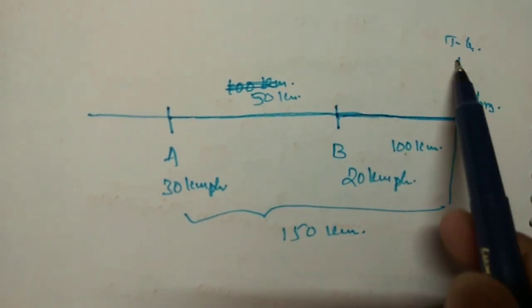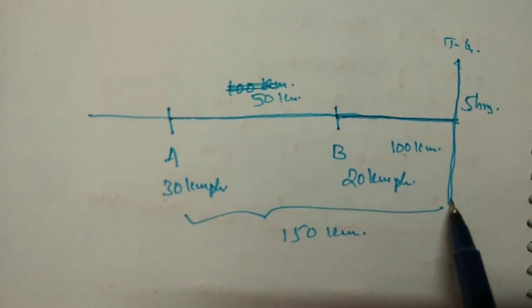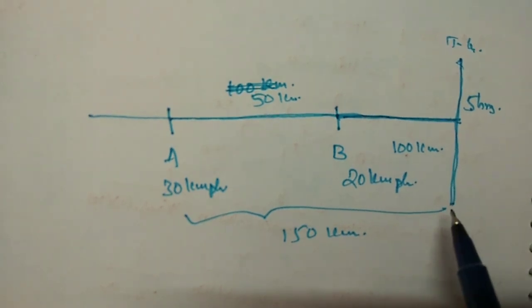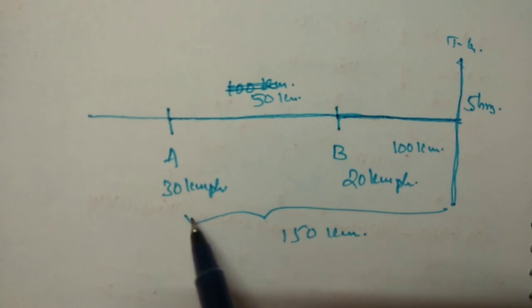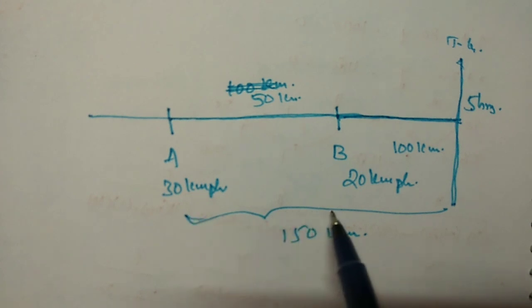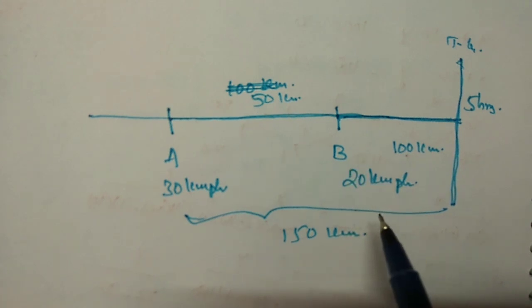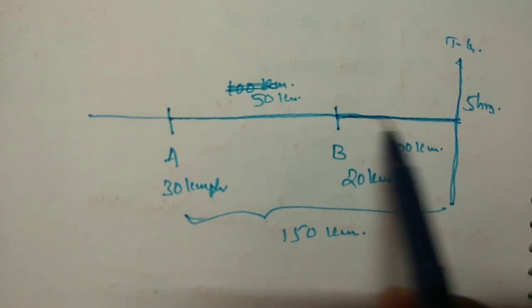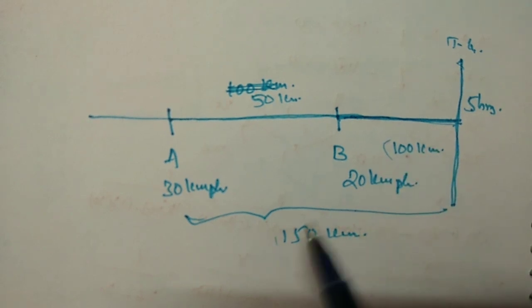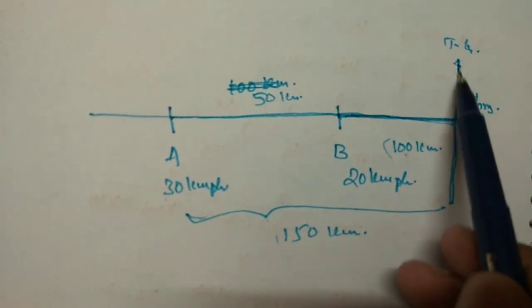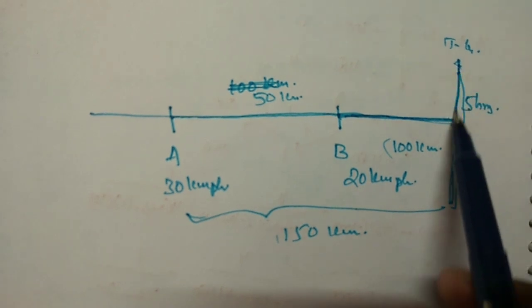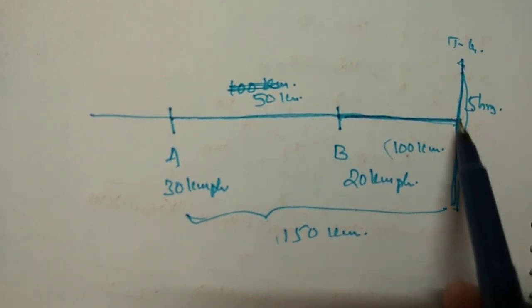So to reach the toll gate, how much more distance should car 1 cover than the second car? It can cover 100 kilometers, it can cover 150 kilometers, then only those two cars will reach the same point at the same time.